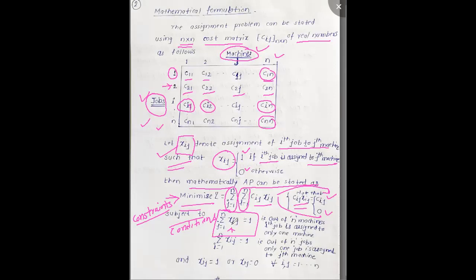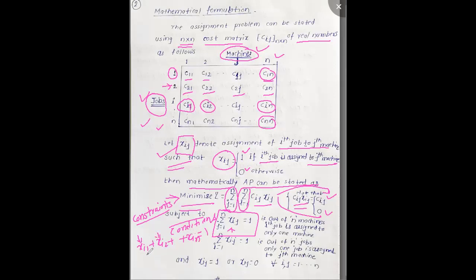So what are the terms here? When we put j equal to 1, we get xi1, then xi2 up to xin, where the last value of j is n, equal to 1. Now this variable can take only two values, either 1 or 0.